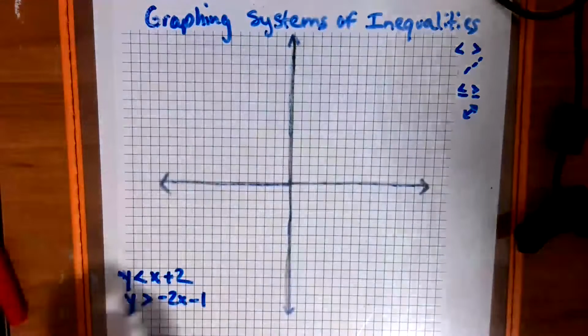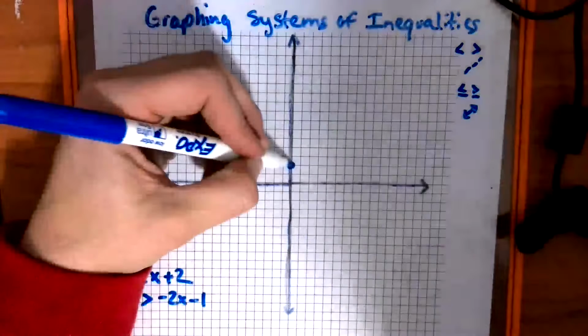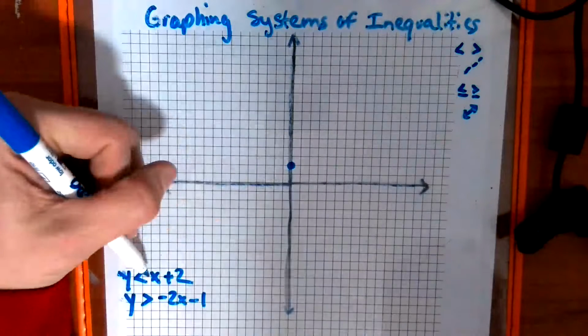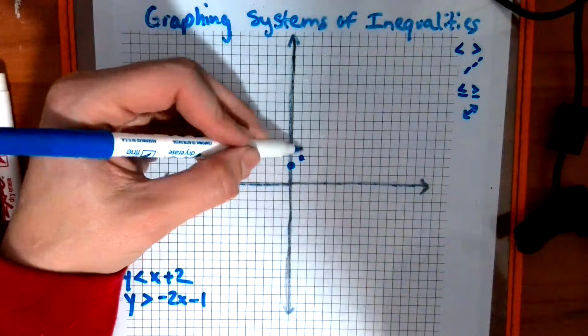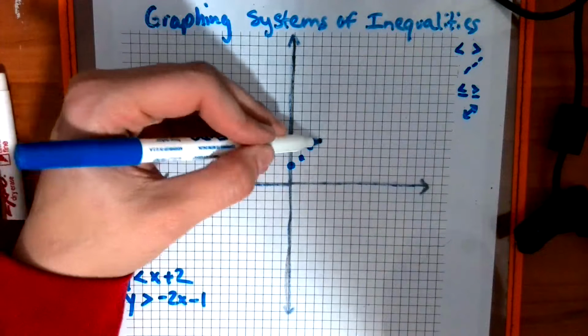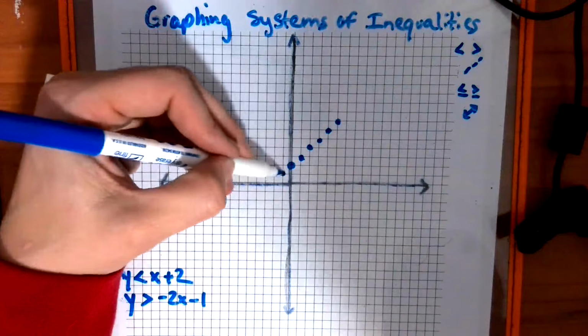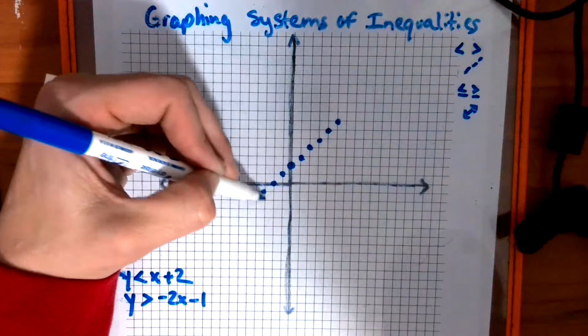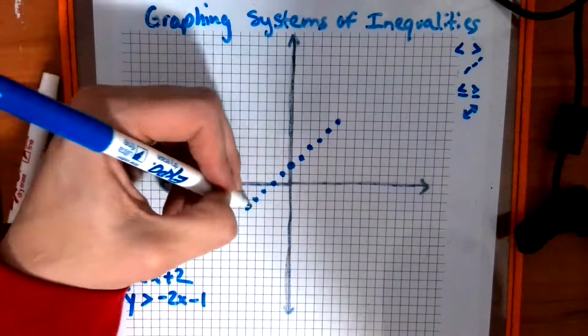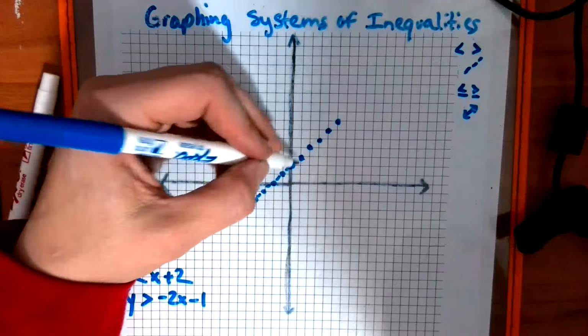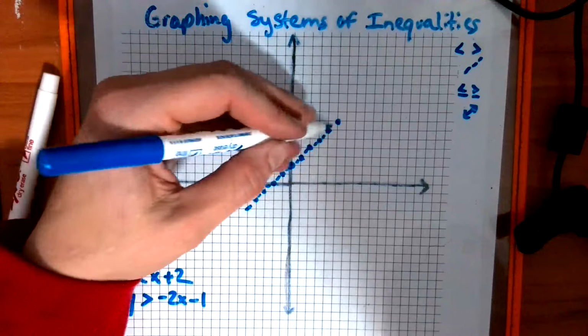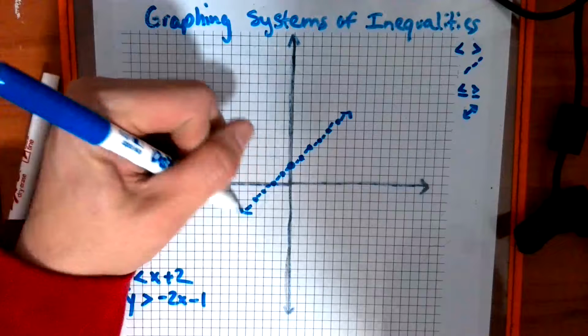They're already ready for us to just do. So it's going to be starting at the positive 2, and this is up 1 over 1. So up 1 over 1, and down 1 over 1. And it's a dashed line because there's no solid underneath. So that's that.